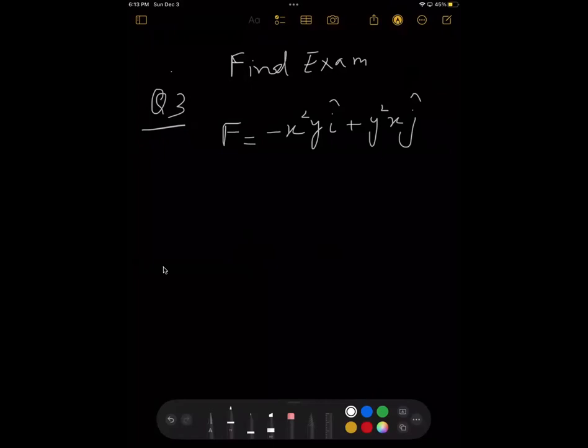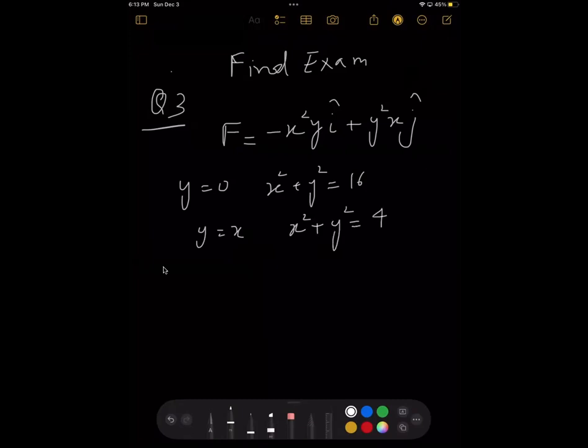The boundaries given are y equals 0, x squared plus y squared equals 16, y equals x, and x squared plus y squared equals 4.